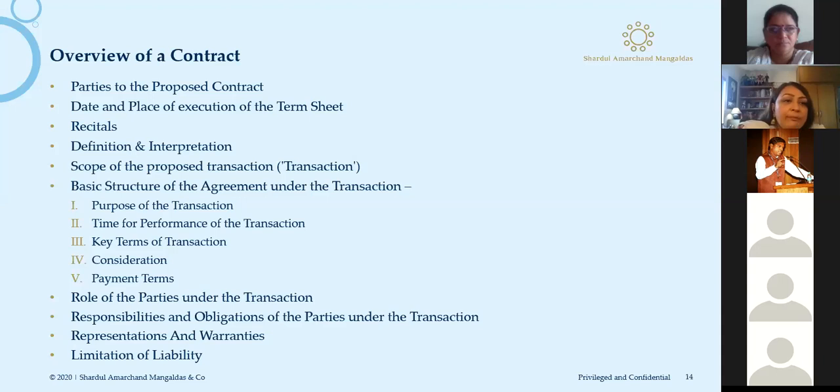This is very important. The second thing, as I said, is the place of the contract, because in certain places, when you come to the clause relating to law, jurisdiction, and dispute resolution, parties can move to the appropriate jurisdiction for filing.